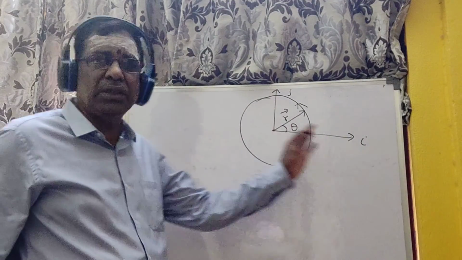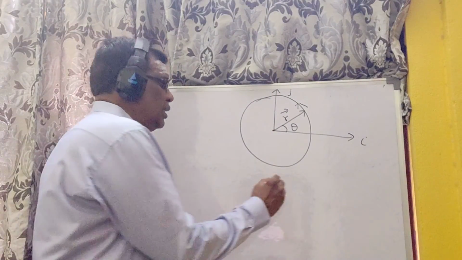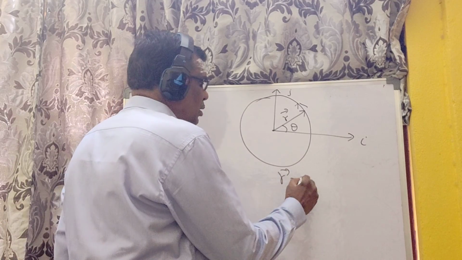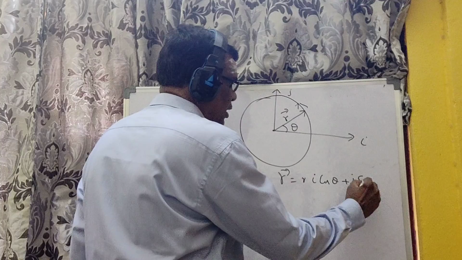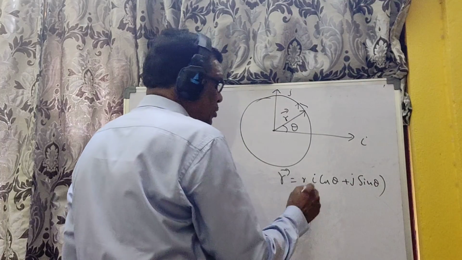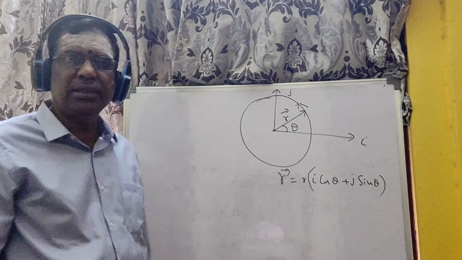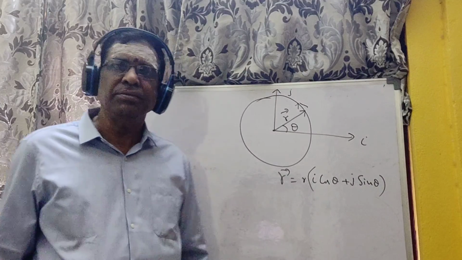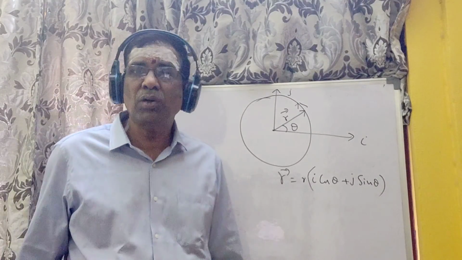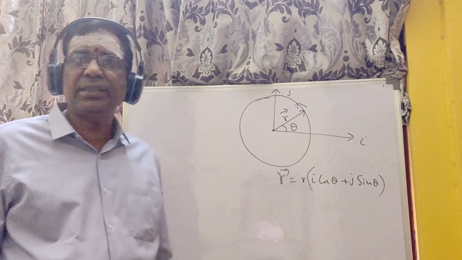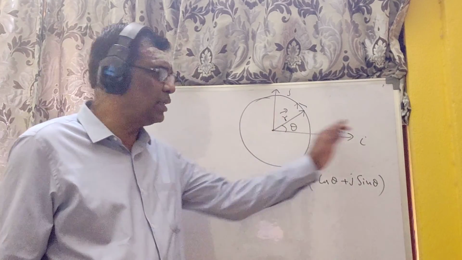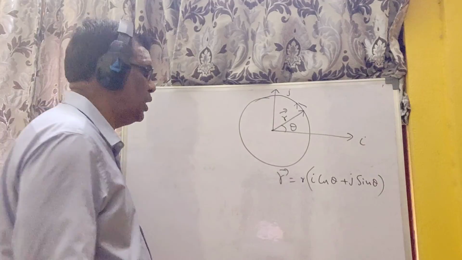I try to resolve this vector, and if you recall, this is what I have done: r cos theta i plus r sin theta j. Now, theta is an angular variable, and this is also called angular displacement with reference to any standard direction.